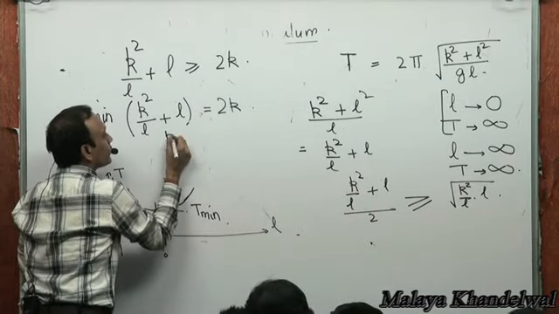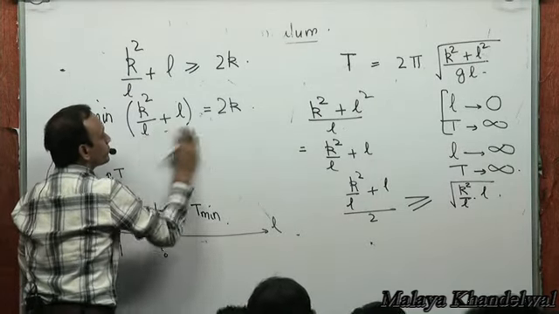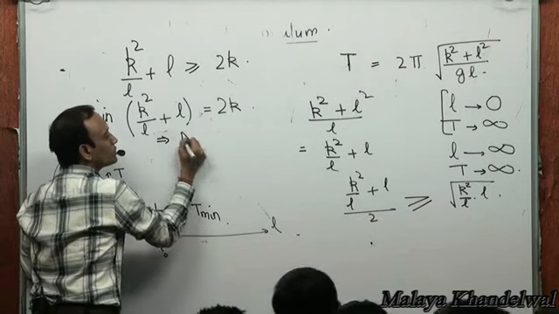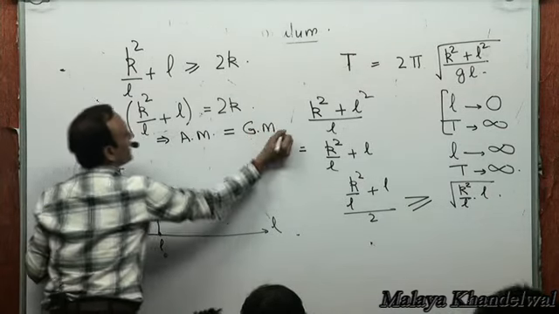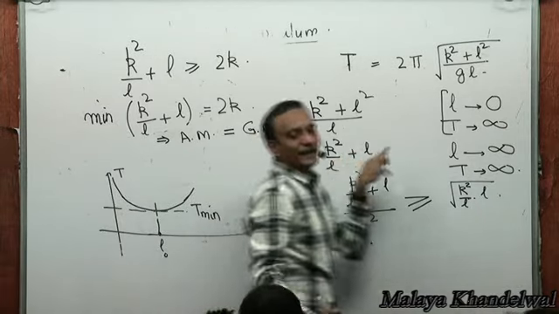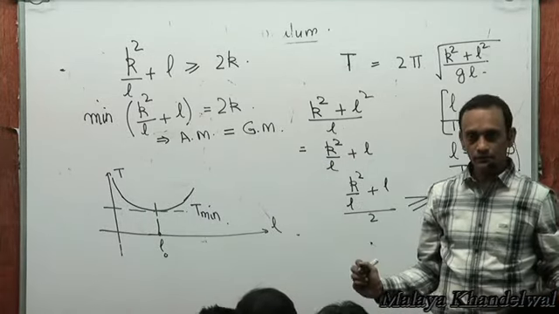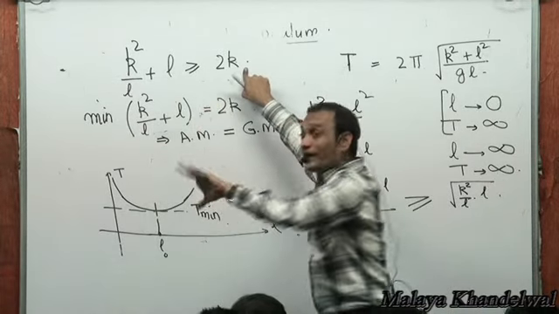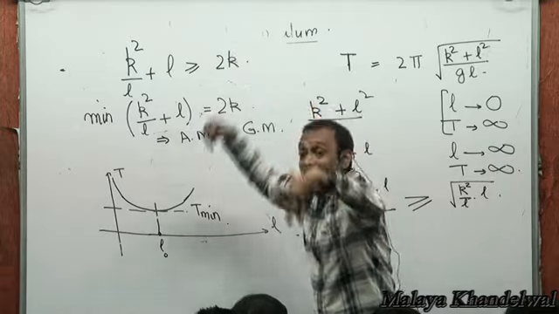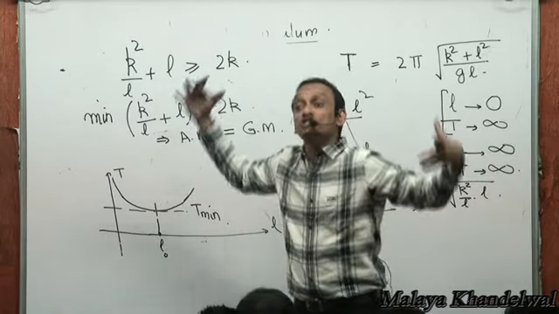This will happen when the arithmetic mean becomes equal to the geometric mean between these two numbers, K squared by L and L. When would AM become equal to GM? When the quantities involved in their constitution are equal.